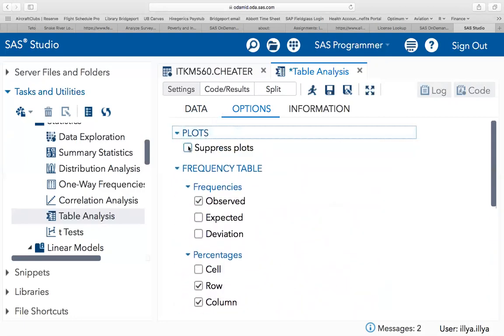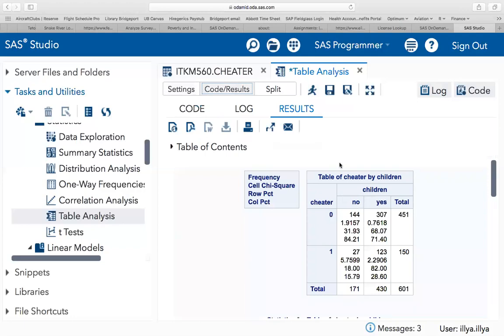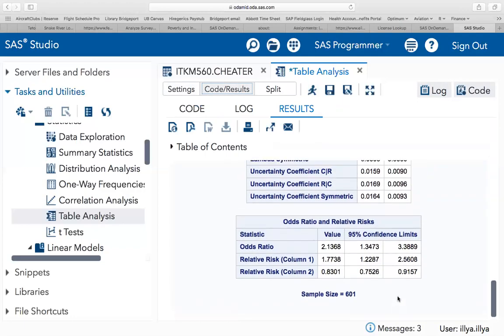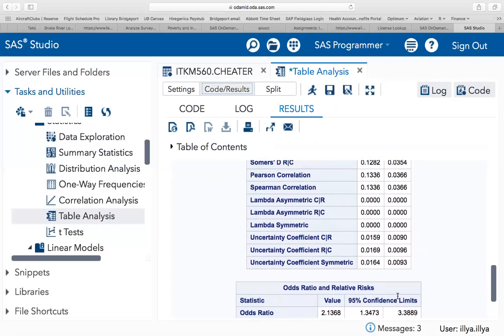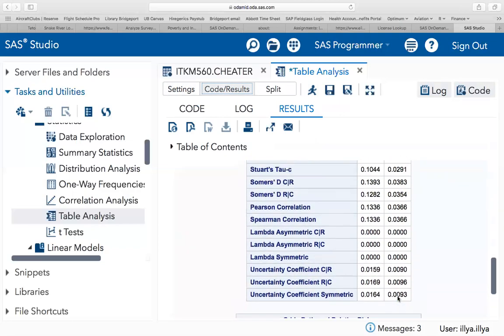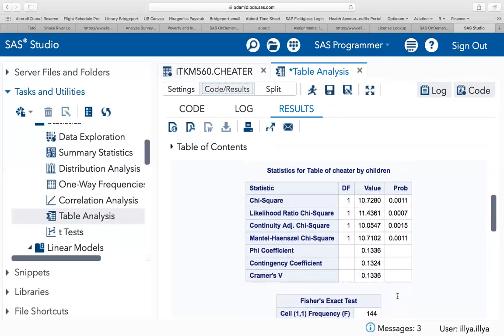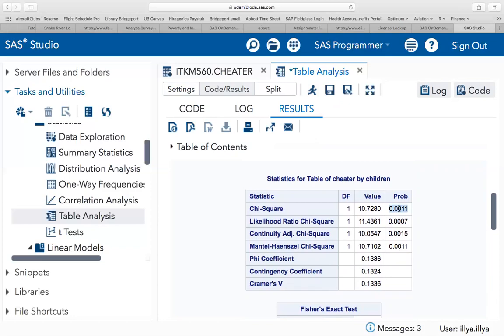So with the plots, suppress plots. Let's run this. Okay, let's go to results. Let's scroll all the way down to find our p-value. Where is our p-value? There we go. Well, look at it.